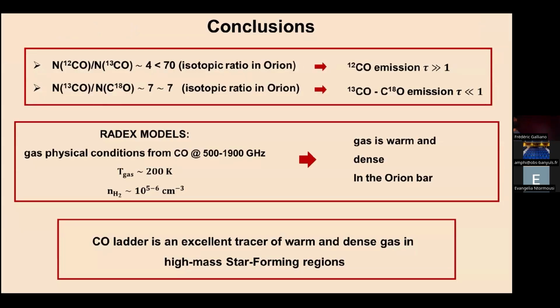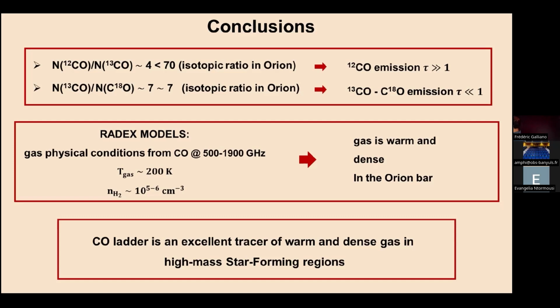So, in conclusion, from the estimated column density ratio between 12CO and 13CO of about 4, which is lower than the isotopic ratio value in Orion, we can infer that the 12CO emission is optically thick. Instead, between 13CO and C18O, the ratio of about 7 is similar to the isotopic ratio value in Orion, so we can infer that for both molecules the emission is optically thin.